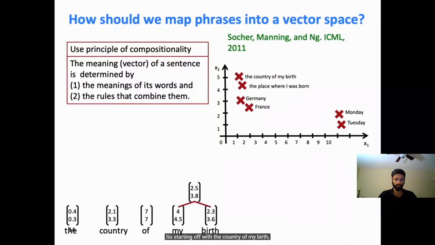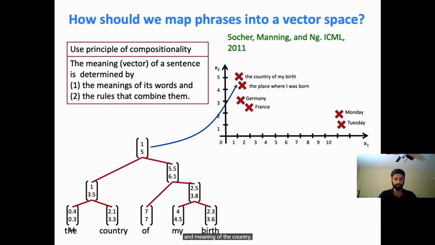So starting off with the country of my birth, I should be able to calculate a meaning of my birth, a meaning of the country, and then a meaning of the country of my birth. So we have meaning composition rules, which will let us calculate meanings upwards for larger constituents or sentences.